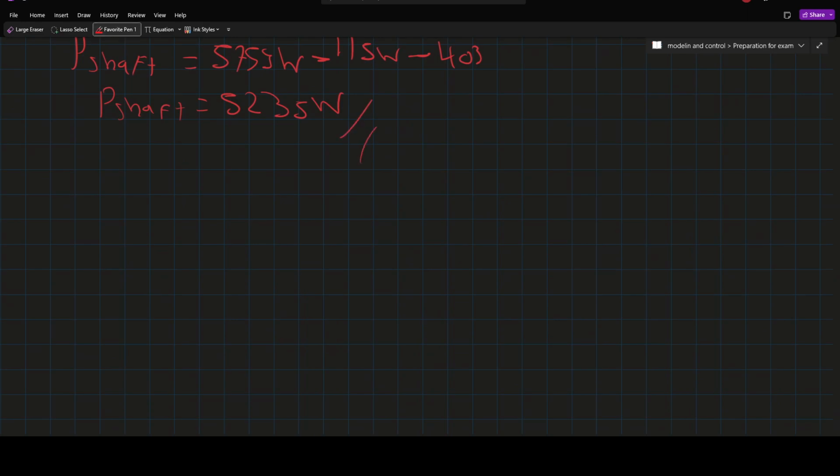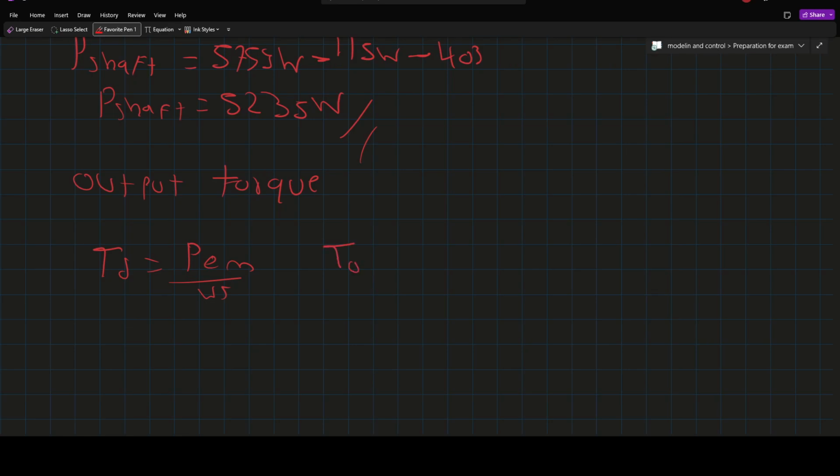Now it is asking us for the output torque. Now, output torque is different from output developed torque. Our developed torque was our electromechanical power over our omega s.